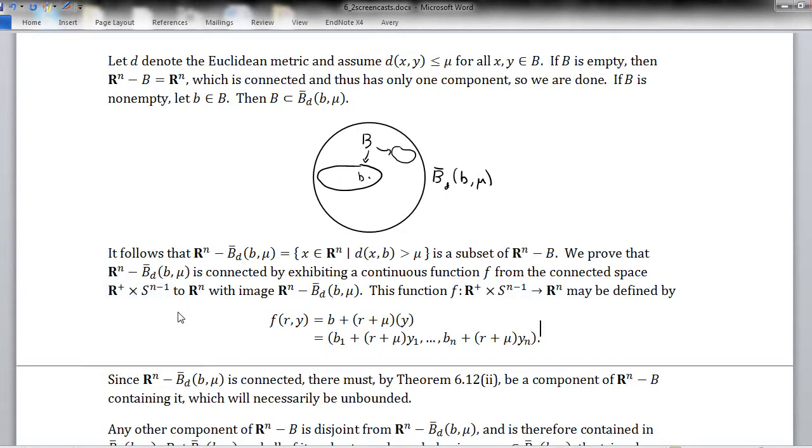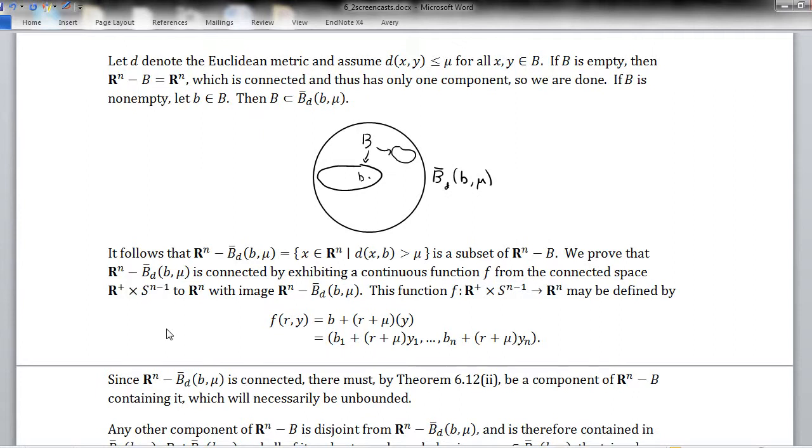But when n equals 1, S^(n-1) is S^0, which is the unit sphere in R1. It's the set of all points at distance 1 from 0 on the real line. And that's just a set with two points in it, negative 1 and 1.